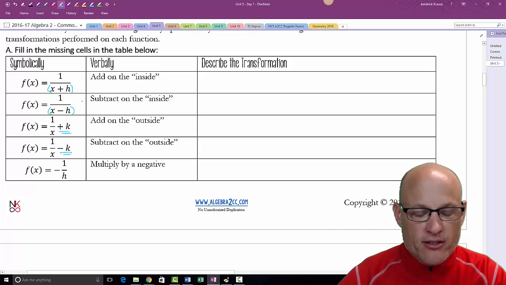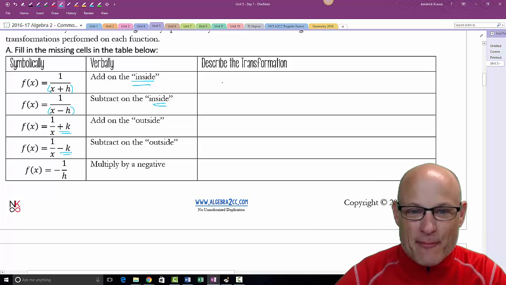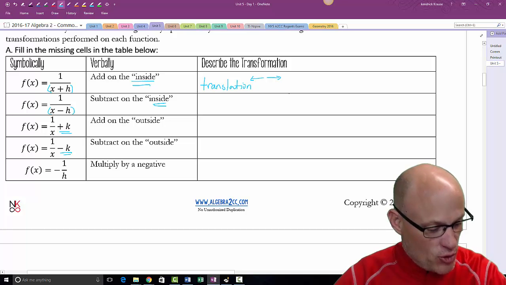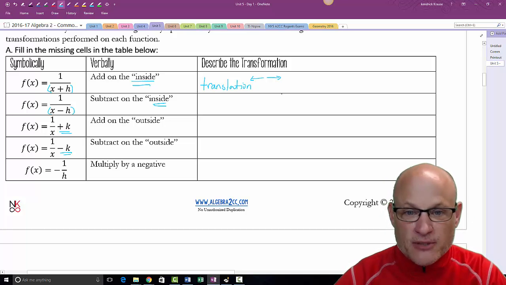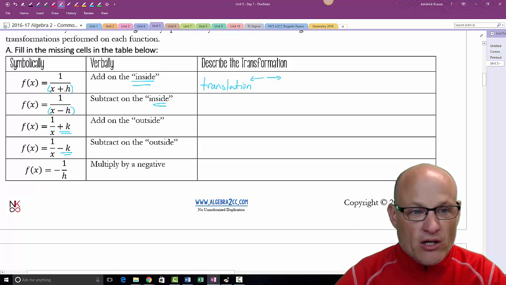When you're right next to the x, that's the inside. Remember, inside, right next to the x. What does that mean? That means we are going to do a translation. That's the official word. But where are we going to be going? Left or right. I don't even care what h is. It's the sign.